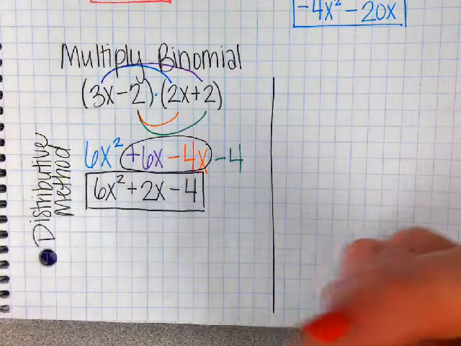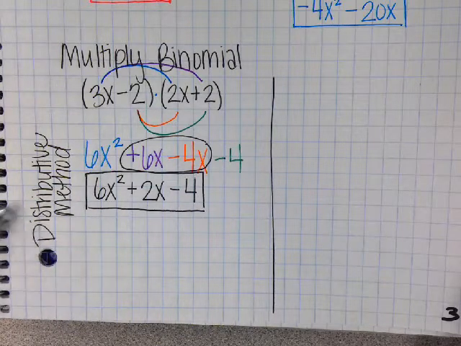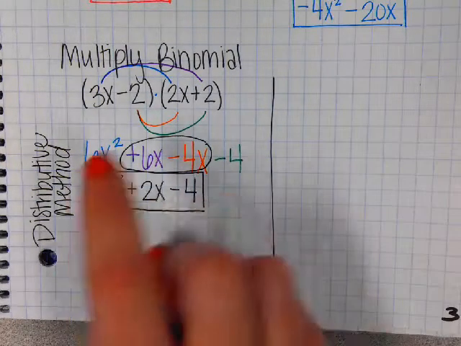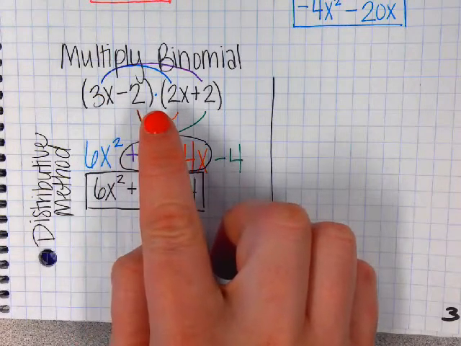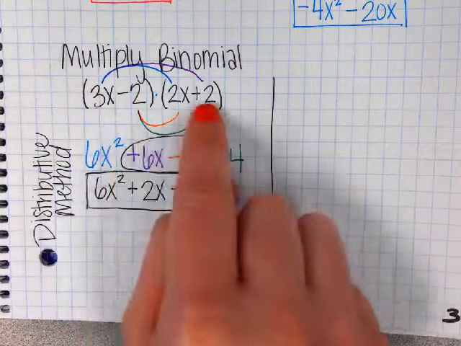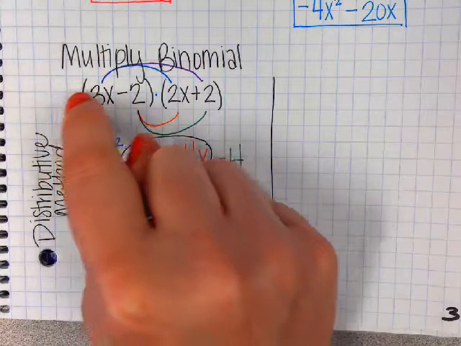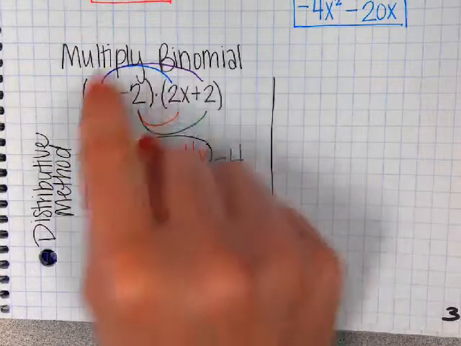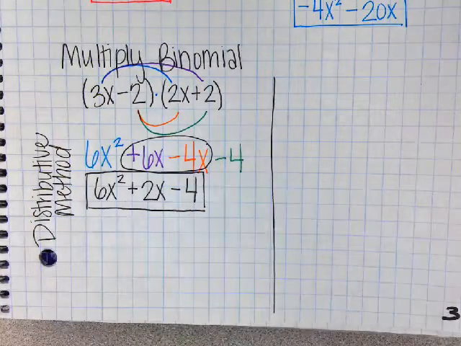So your Algebra 1 teacher or your teacher last year might have used the term FOIL. It's the same thing as the distributive method. The only thing is that distributive method is the more proper vocabulary word to use. So first terms, outside terms, inside terms, last. But I always call it the distributive. You just distribute both terms into that second parentheses.